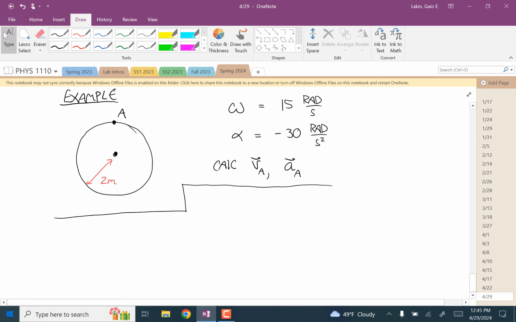So first let's draw the pictures. The angular velocity is positive, so is it moving clockwise or counterclockwise? Counterclockwise, so the velocity is this. The angular acceleration is negative, so is it accelerating clockwise or counterclockwise? Clockwise, and so the tangential acceleration is like this.